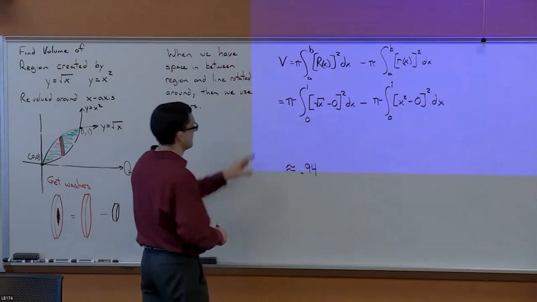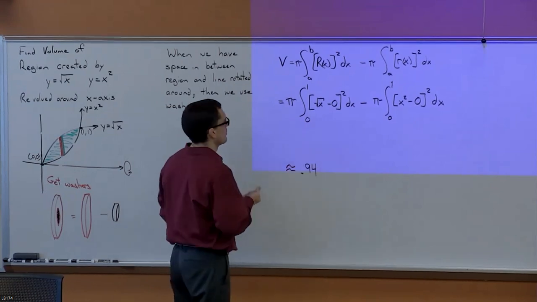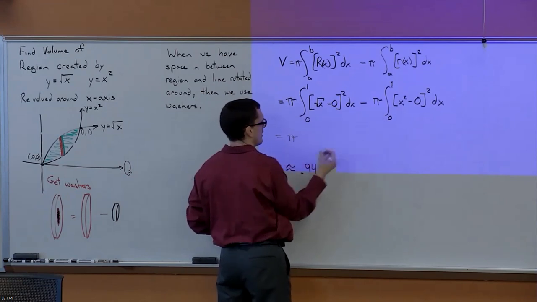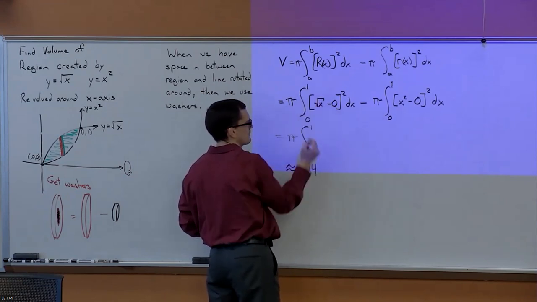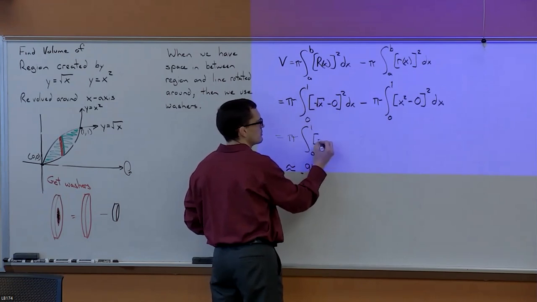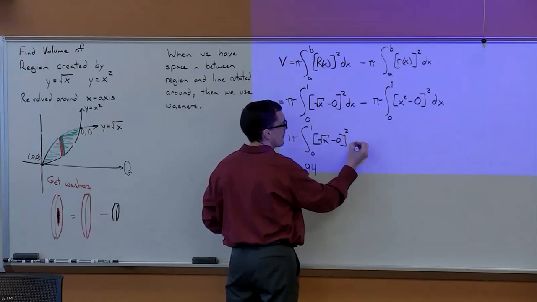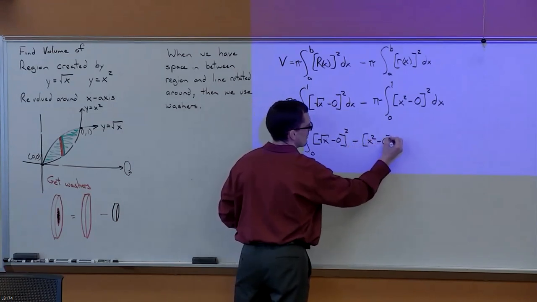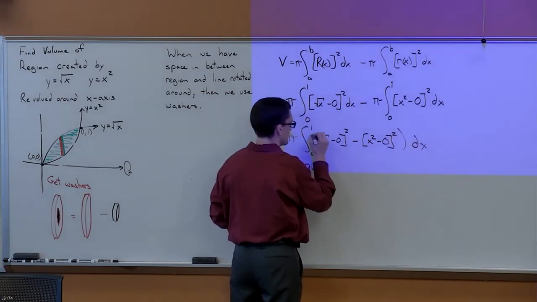I like to think of it as this method minus this method, all right? But the book will combine this into one integration. Because we have pi on the outside of both integrations, and because in both integrations we're integrating from 0 to 1, you could do square root of x minus 0 squared, and then minus x squared minus 0 squared, all integrated with respect to x.